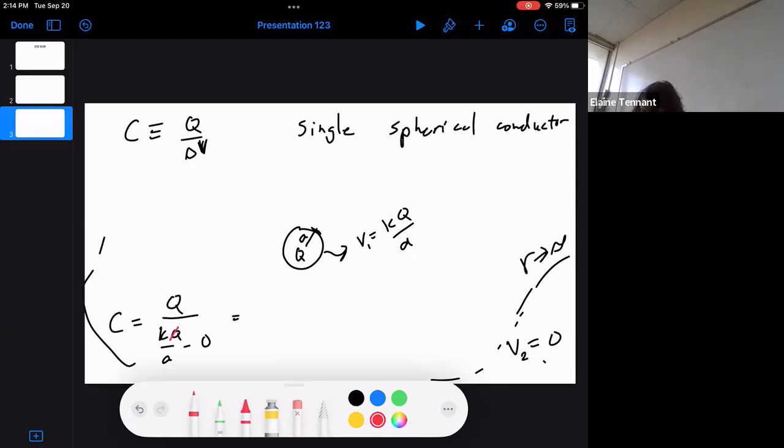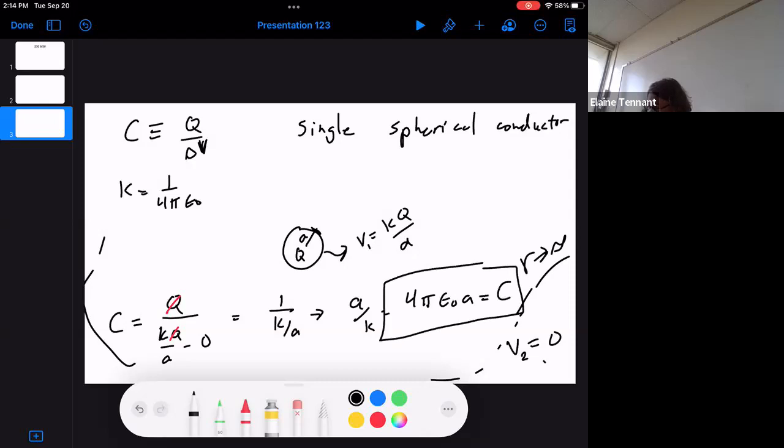They're going to cancel out. And so now you have 1 over K over A, or you have A over K. A lot of times you're going to see this written where K is 1 over 4 pi epsilon naught. And so this is really 4 pi epsilon naught times A. Okay, so that is the capacitance of just a metal ball with charge Q, radius A.